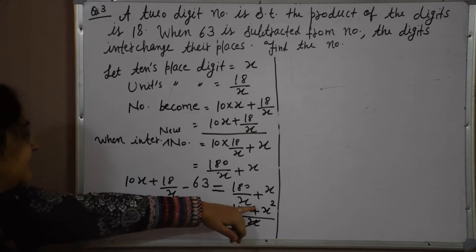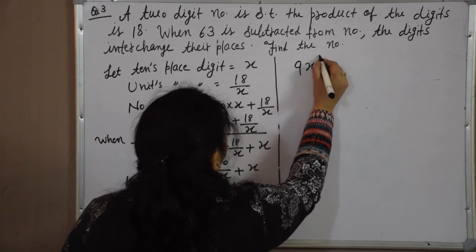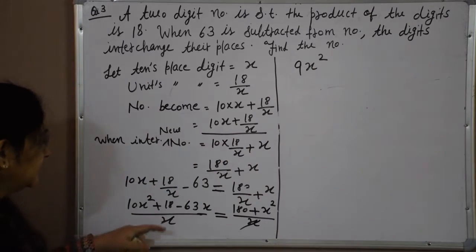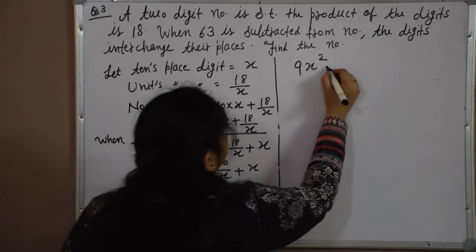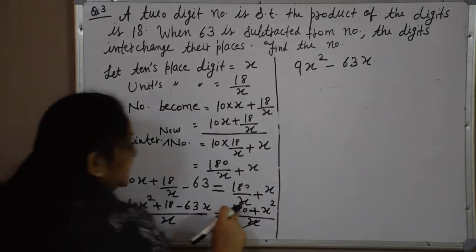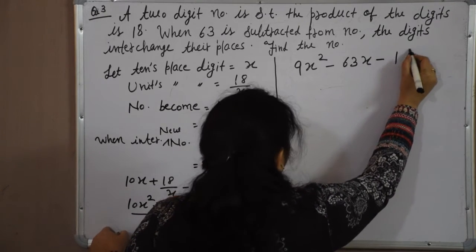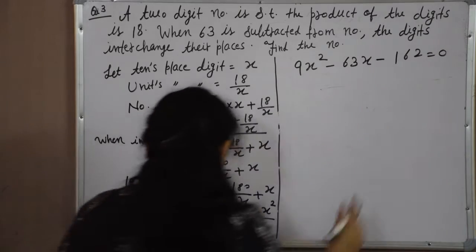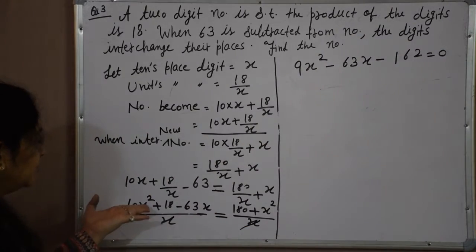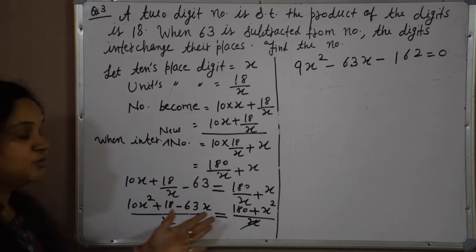Now 10x square minus x square becomes 9x square, minus 63x, plus 18 minus 180, minus 162. Because x gets cancelled, only the numerator is left on both sides.